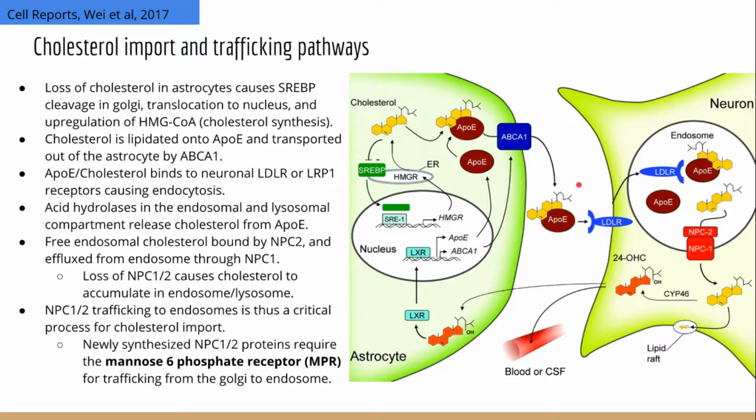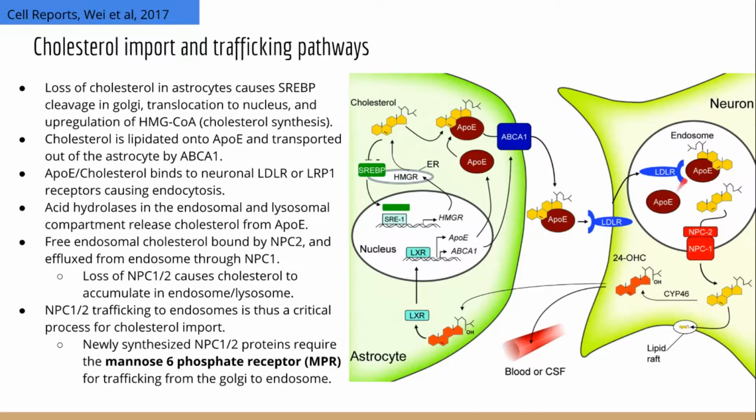So extracellular cholesterol bound to APO is recognized by the neuronal receptor LDLR, low density lipoprotein receptor, or, not shown in this graphic, LRP1. LRP1 is another receptor of APO. So the binding of APO to LDLR or LRP1 causes receptor-mediated endocytosis.